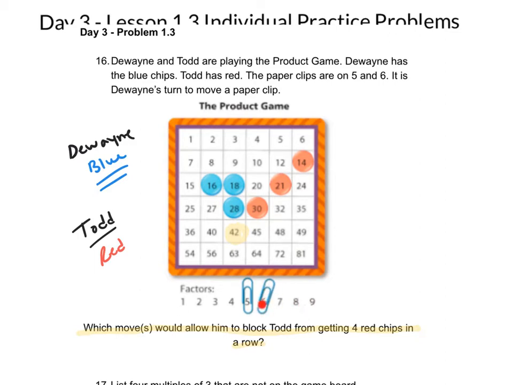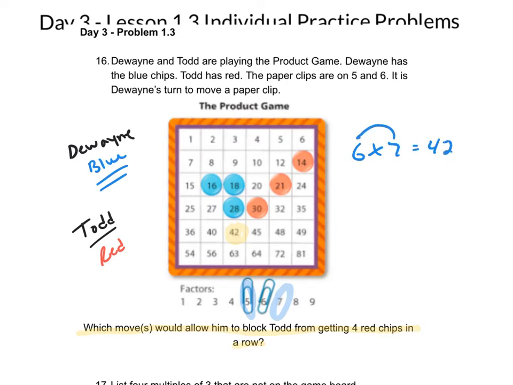Well, if we move the 6 to any of the other factors, there's no number times 5 that would give you 42. So we obviously have to move the 5. And where would we move the 5? We'd move it over here to the 7, because 6 times 7 equals 42.